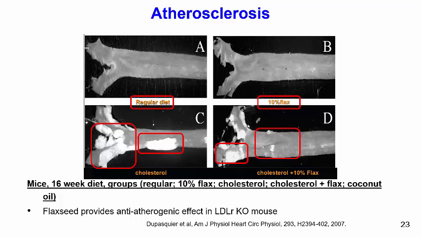Now, the mice that had the diet supplemented with both cholesterol and flax did have plaque deposition. Remember, these were mice that were genetically bred not to be able to handle LDL levels. And so although in this case, in D, there was plaque deposition, it was found to be less than the C group here, because not only did this group have cholesterol, but they also had flax seeds, indicating that a diet that's high in cholesterol, but also high in flax seeds, which provides the omega-3 fatty acid found in plant-based foods, does provide a degree of protection against plaque formation.